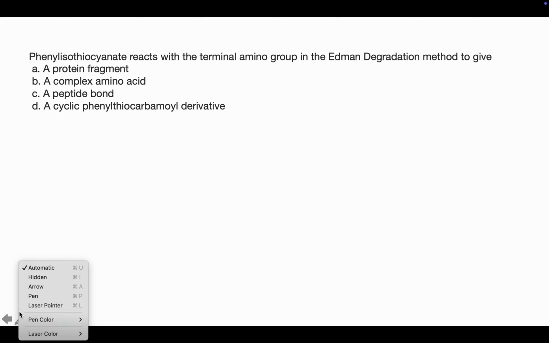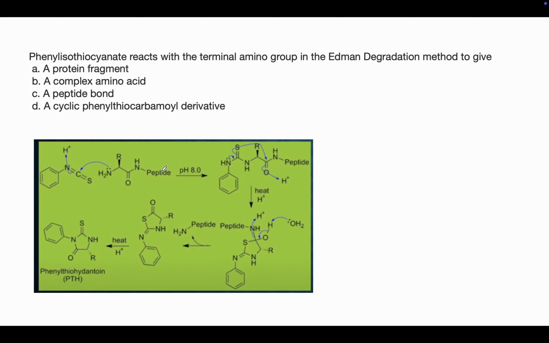PITC is used in Edman degradation. PITC reacts with the N terminal amino group, and we get a phenyl carbamoyl derivative.